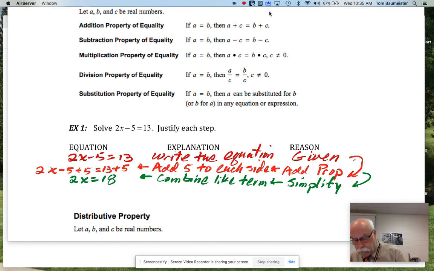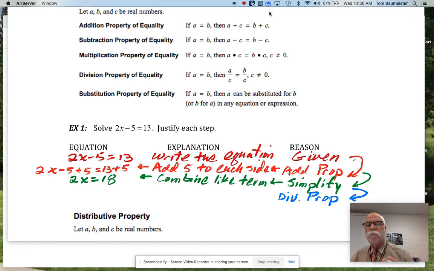All right. And then finally, our last step. Again, you would tell me that you would divide. So we're going to use the division property of equality. Another little thing here for you to think about is if it's on paper and pencil, as long as I can understand, I know div, to me that means division. So as long as I can understand what you're trying to tell me, you can simplify it.